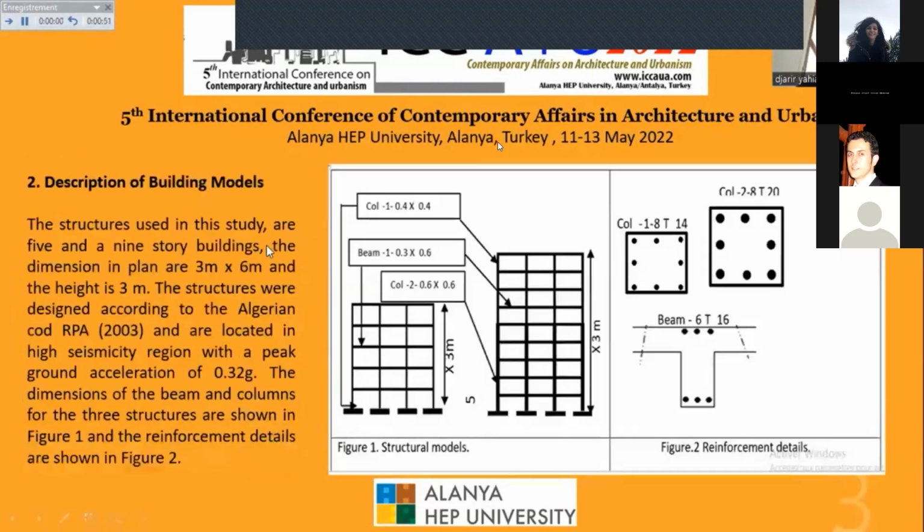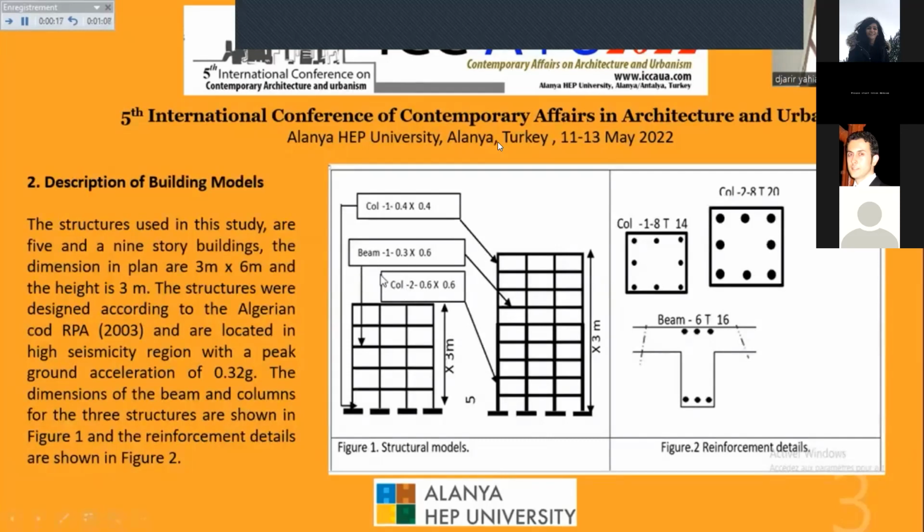2. Description of building models. The structures used in this study are 5- and 9-story buildings. The dimension in plan are 3 meters by 6 m and the height is 3 meters.